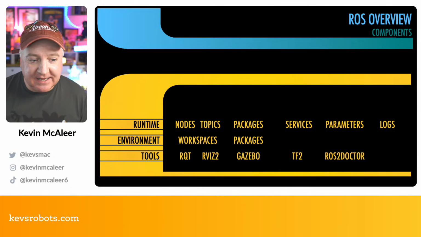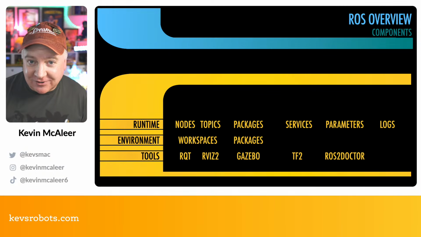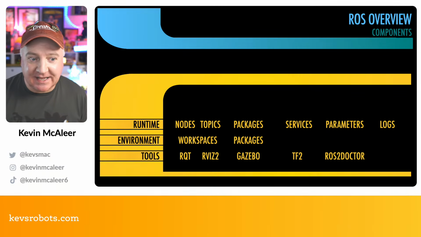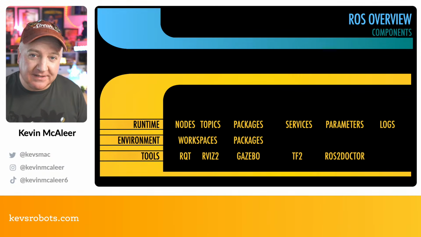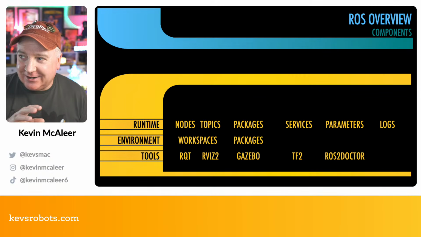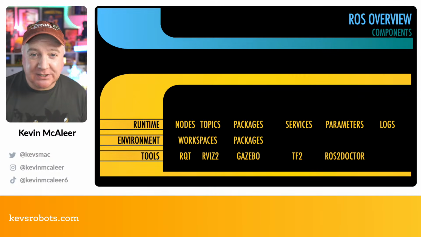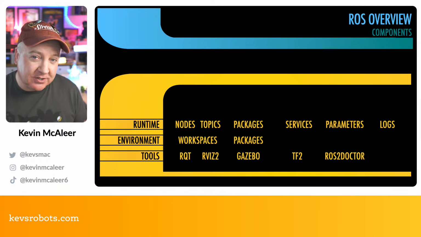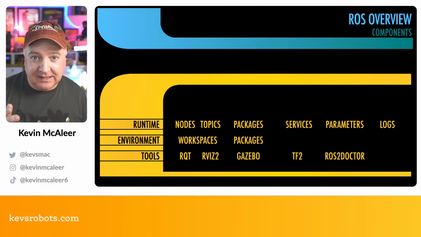Tool-wise, RQT, RVIZ2, Gazebo, TF2 and ROS2 Doctor are all parts of the tools that we can use to investigate our ROS setup. So RQT is like a node graph. We can see all our nodes in a nice graphical way. RVIZ2 is a visualization tool. We're certainly using this when we bring in our LiDAR data and we want to map the environment. We can see that.